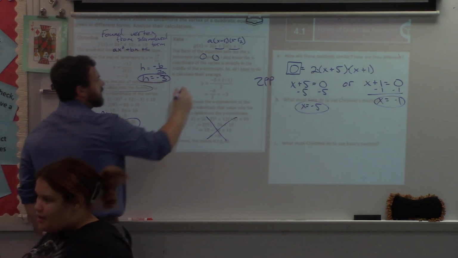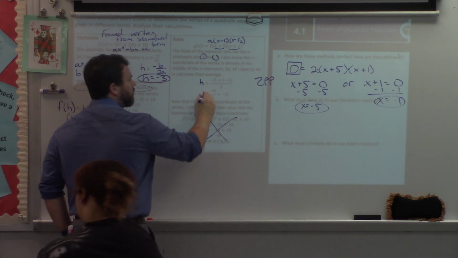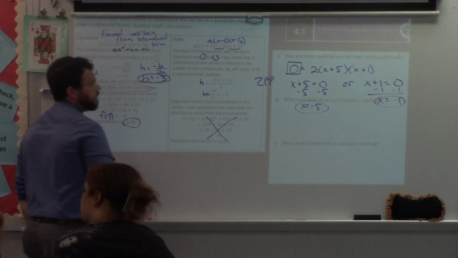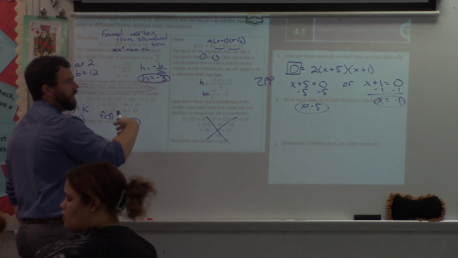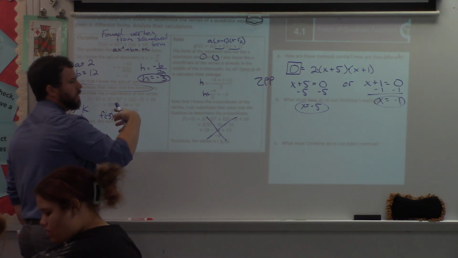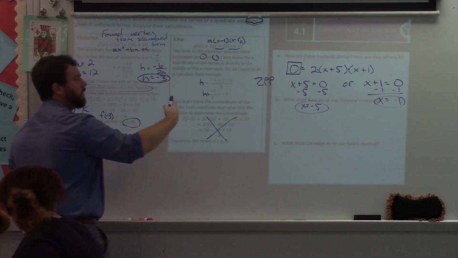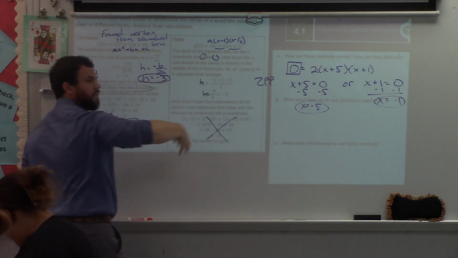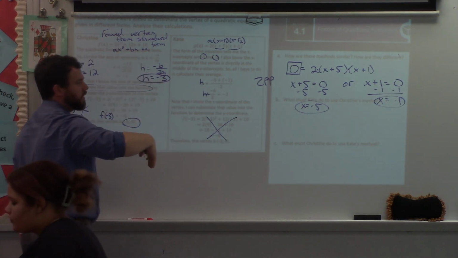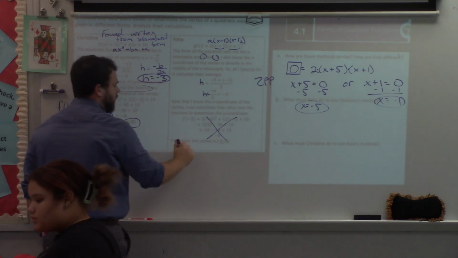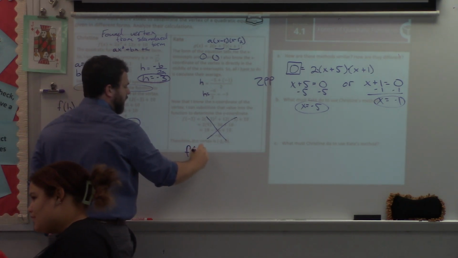But notice h is equal to what? What did she do with those roots again? She found the, starts with an A. She averaged them, right? Isn't h in the middle of my roots? We looked at it graphically earlier. And then, so what did she do from there? F of negative 3.